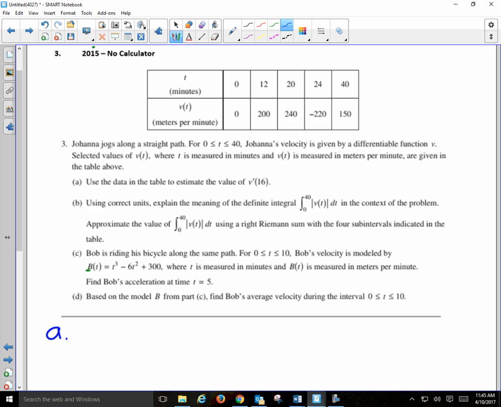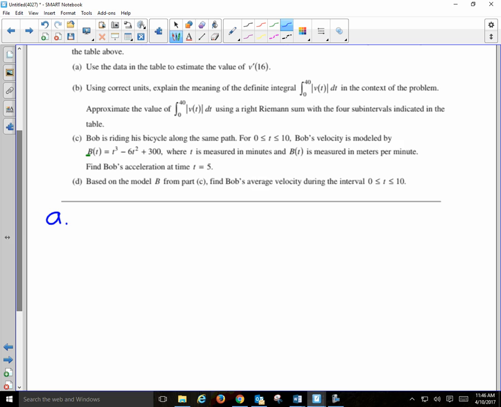Come on, you guys are the best of the best. So V prime would mean acceleration, the derivative, right? And am I finding the exact value or an estimation? So I will use a slope formula, and 16 falls right there, right?